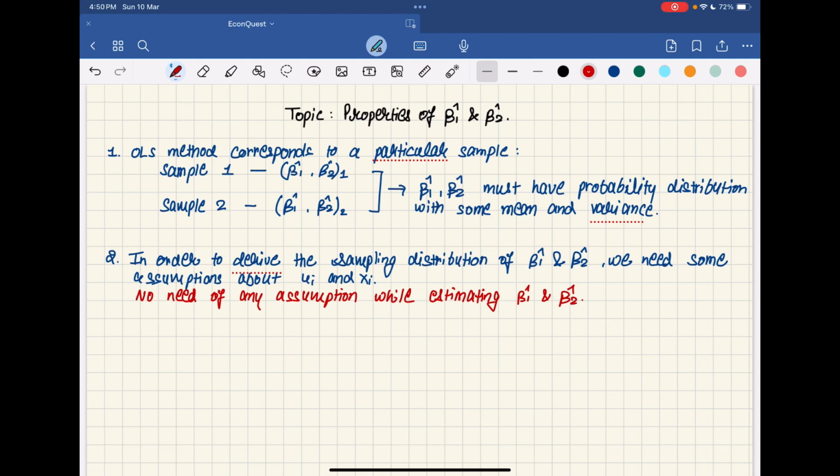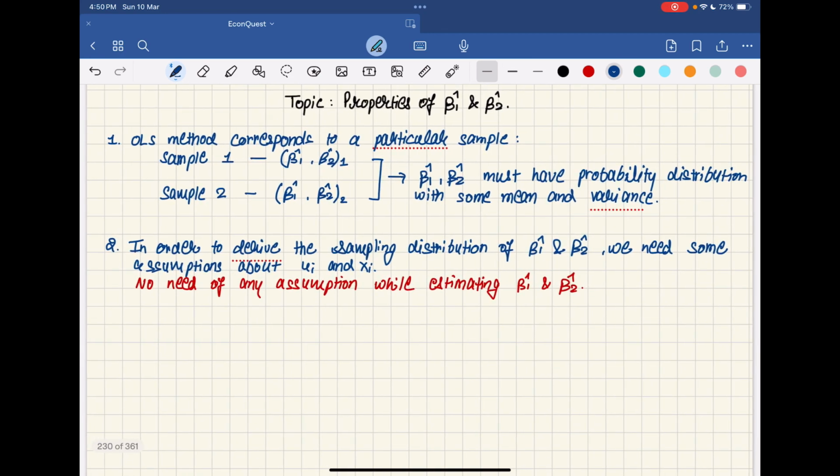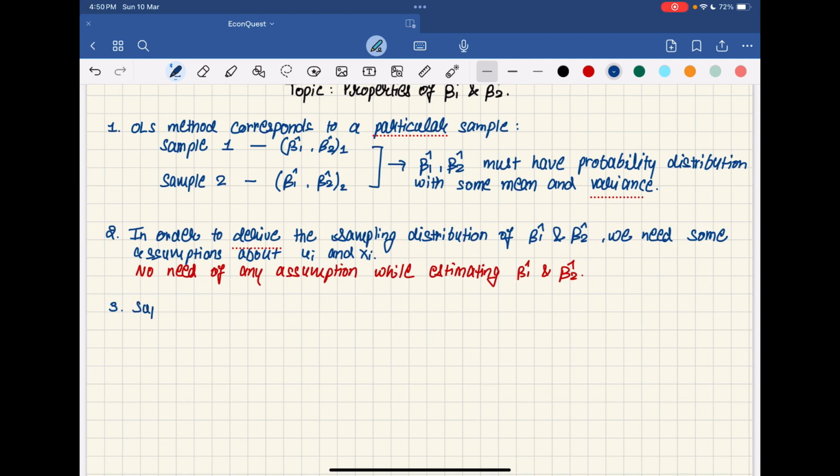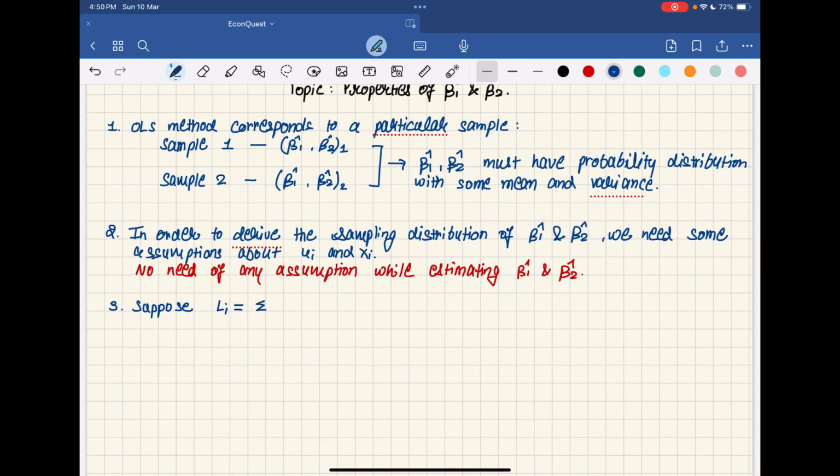Okay, before starting, let's recall some basic formulas from statistics. Suppose L1 is a variable which is equal to sigma ci yi.